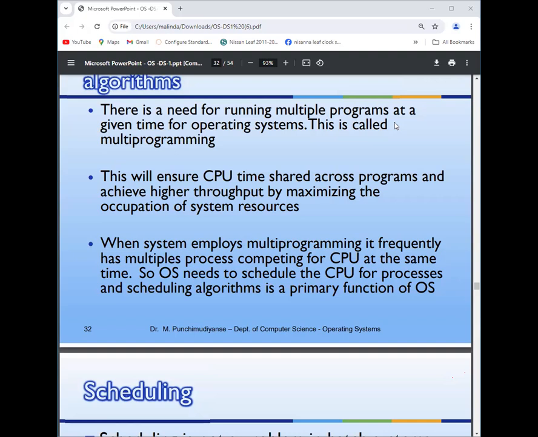So threads are sort of lightweight processes which are linked to each other. We have a separate section on that, which you have to read also. So that is the difference between processes and threads.